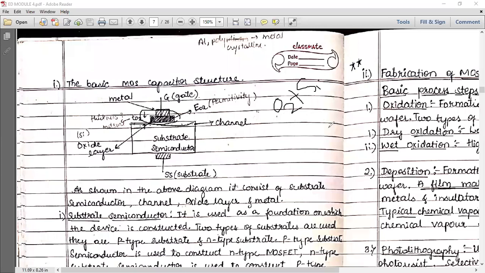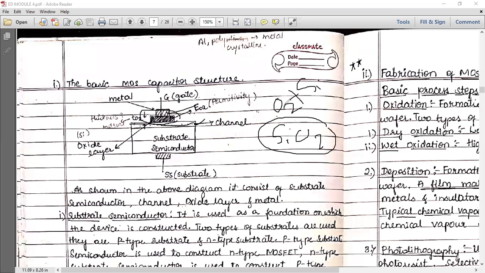This SiO2 is a thin layer which acts as a dielectric medium, or an insulator, between the metal and the channel. That's why this terminal with the channel acts as a capacitor.